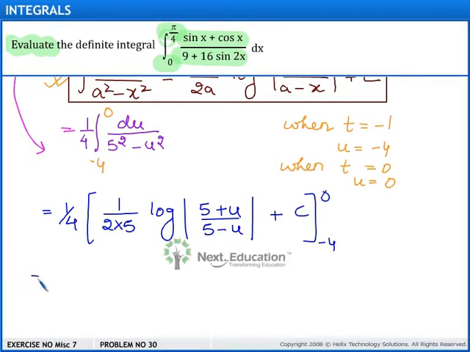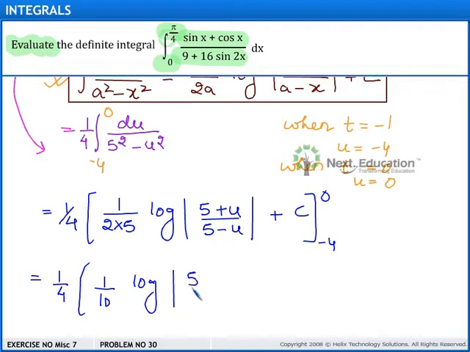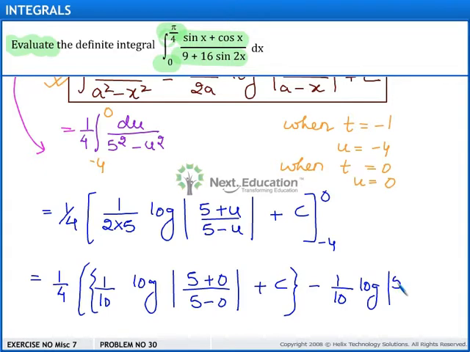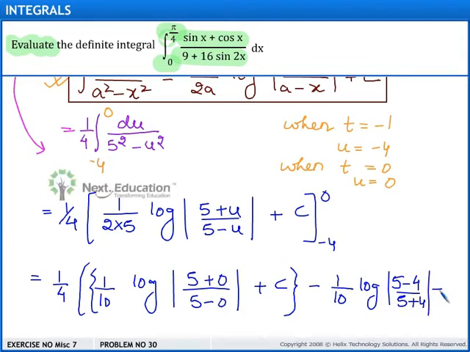This is further equal to 1 upon 4 into 1 upon 10 log mod of (5 + 0) divided by (5 - 0) plus c, minus of, now substituting the lower limit, 1 upon 10 log mod of (5 - 4) divided by (5 - of minus 4, that is plus 4), plus the constant.